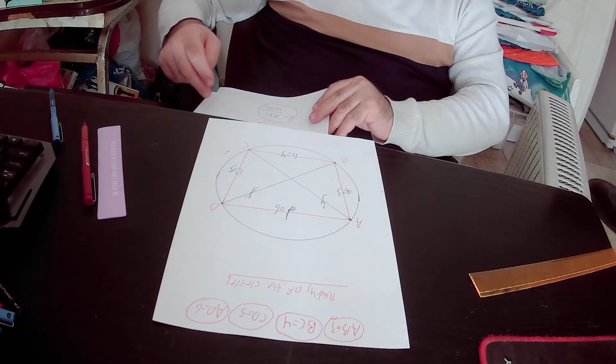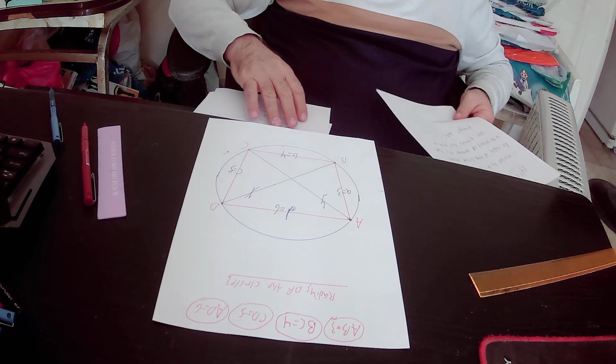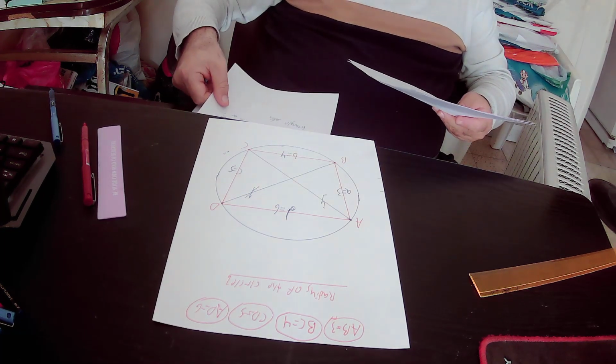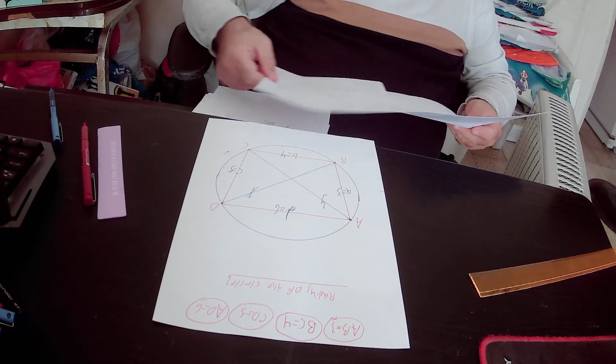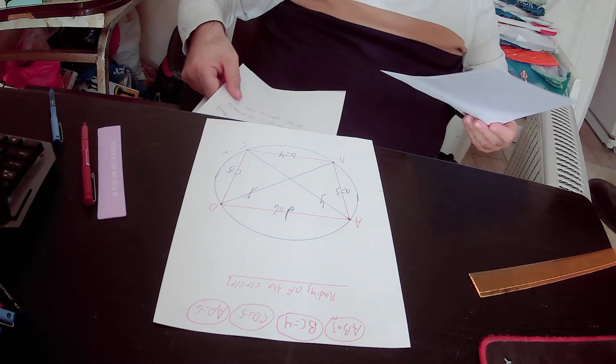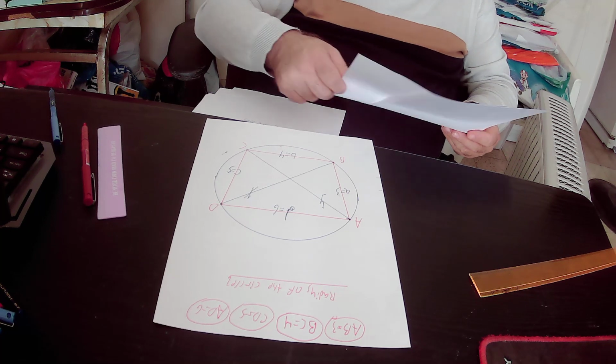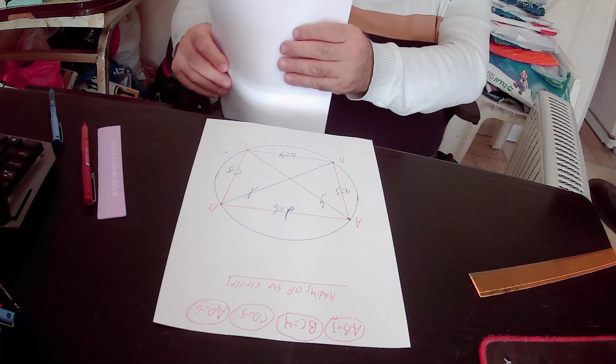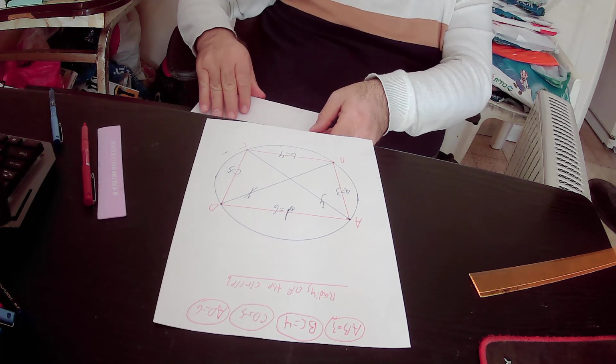Okay, so in order to find out the radius of this circle, I presented to you 3 new rules, and we implemented those 3 new rules in our circle and quadrilateral.